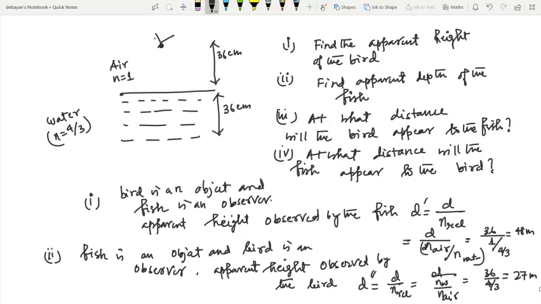Now the third question is at what distance will the bird appear to the fish.